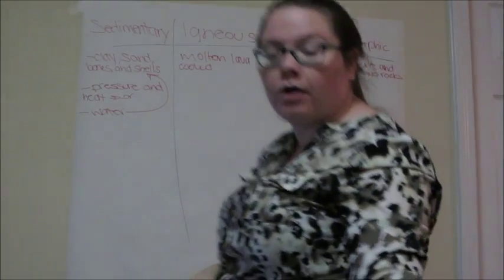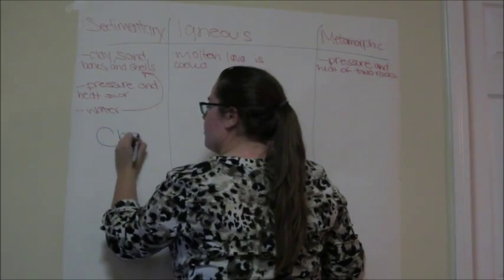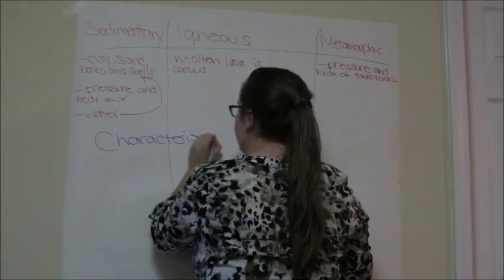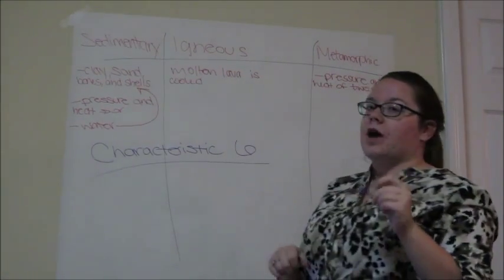Now we're going to talk about characteristics. There are specifically 6 that every type of rock and mineral has.